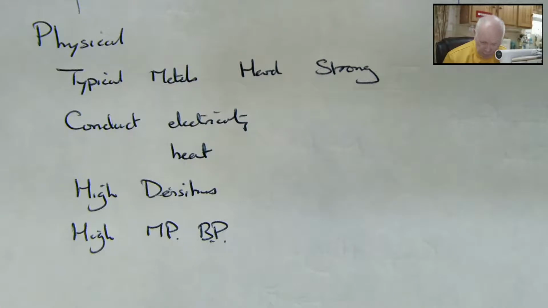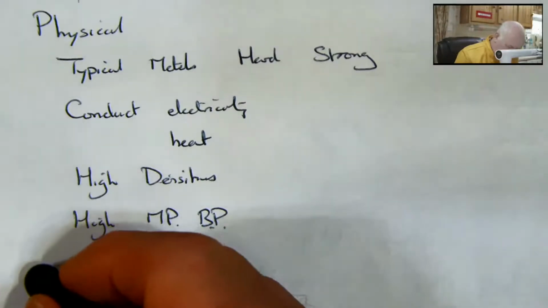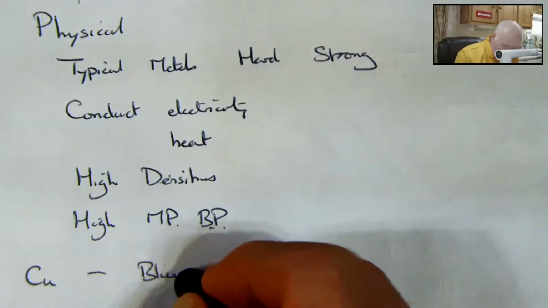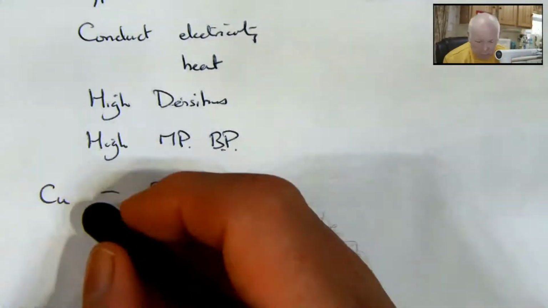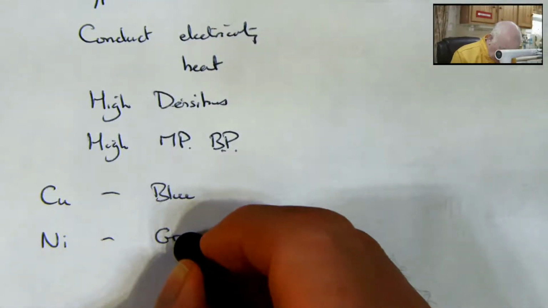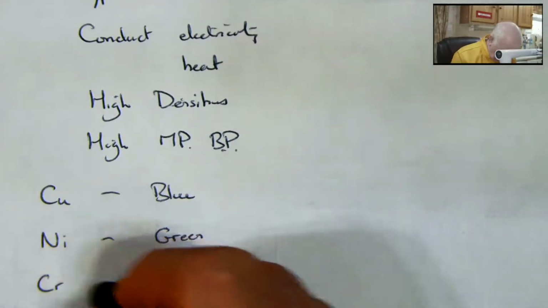The compounds of these, well, there are just a few things that we need to try and know. Copper, they tend to be blue. We looked at nickel. They tend to be green. Chromium, we didn't look at.